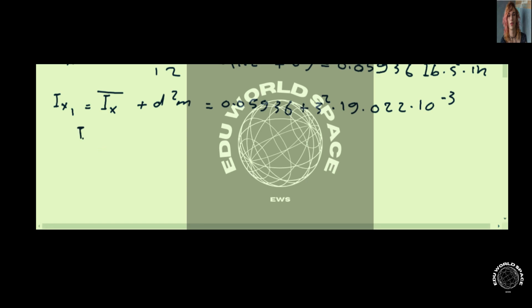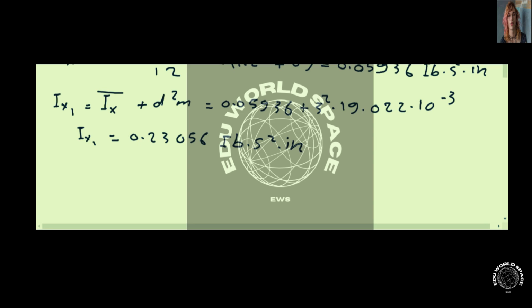So Ix1 equals 0.23056 pounds second squared inch.